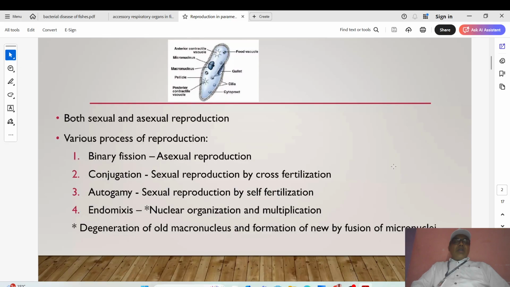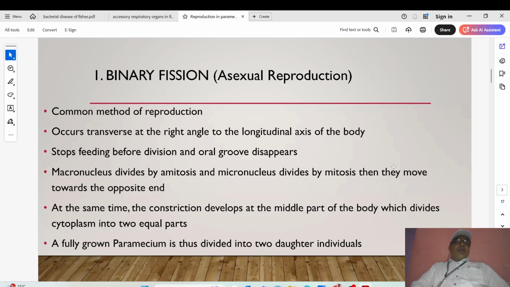Then autogamy, which is also sexual reproduction by self-fertilization, and endomixis, which involves nuclear reorganization and multiplication, degeneration of the old macronucleus, and formation of a new one by fusion of micronuclei.